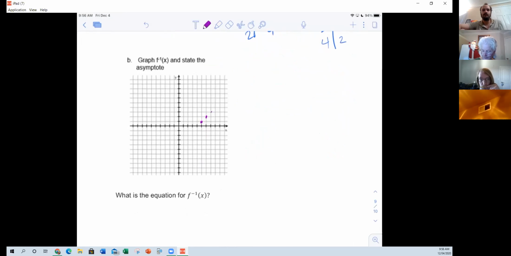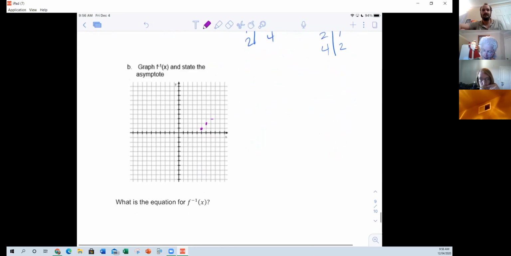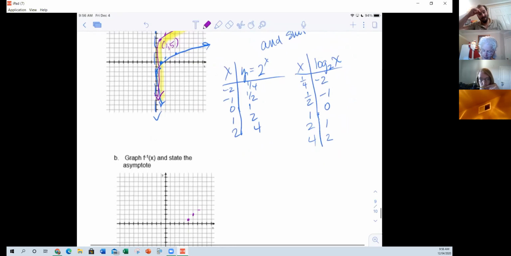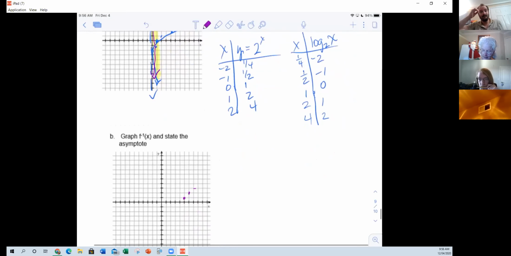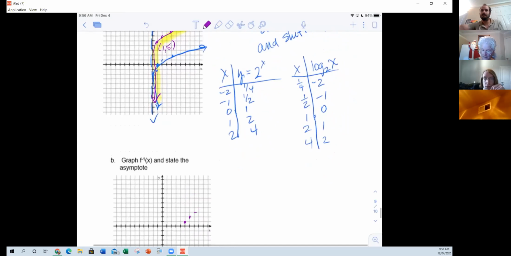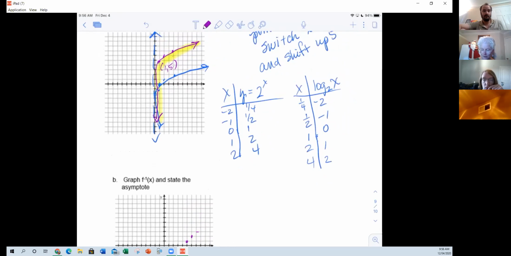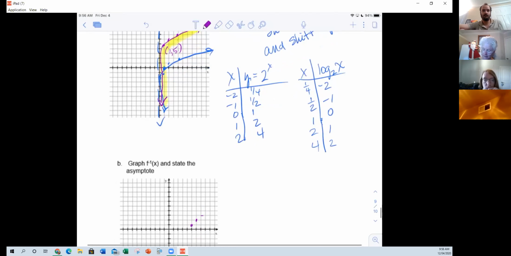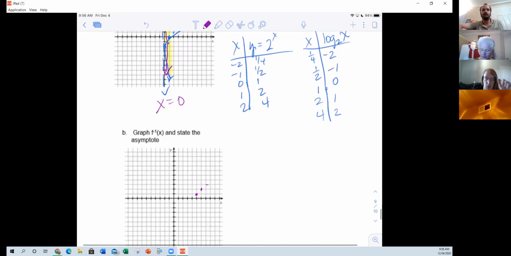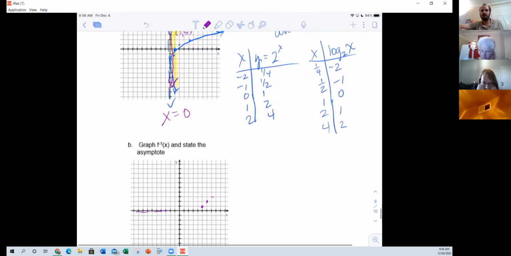And since the vertical asymptote here was x equals 0, here it's going to be y equals 0. And that's what the inverse would look like.